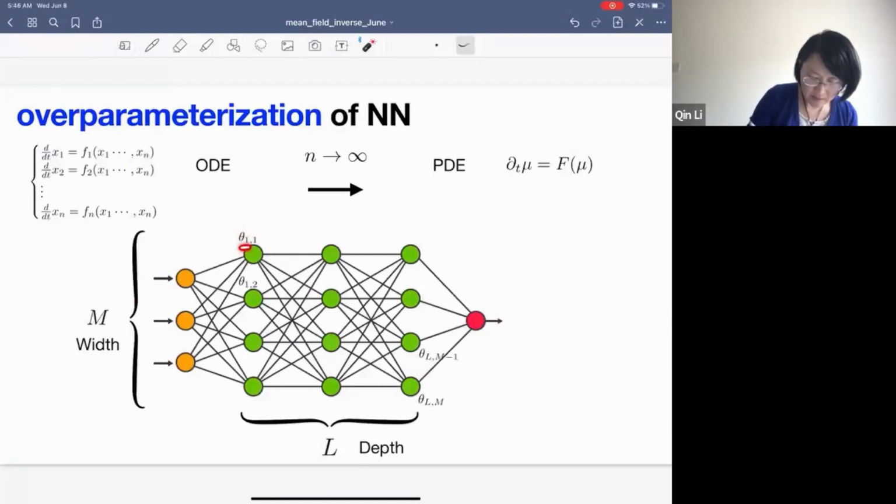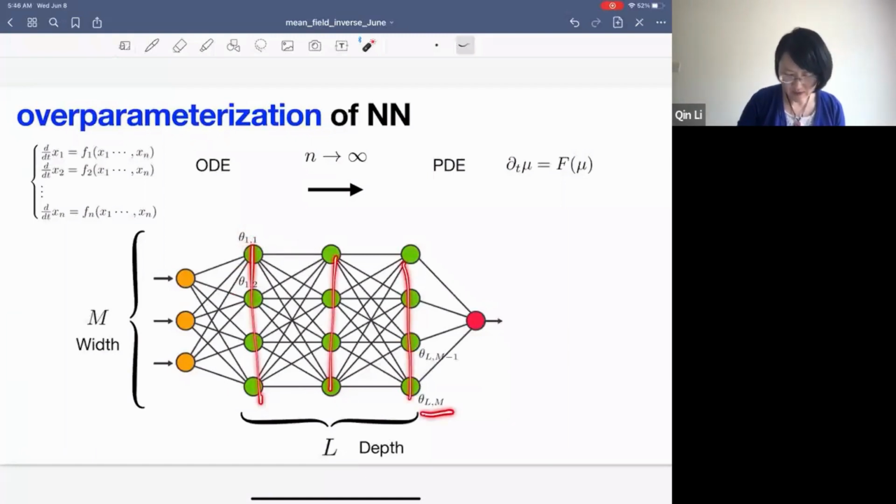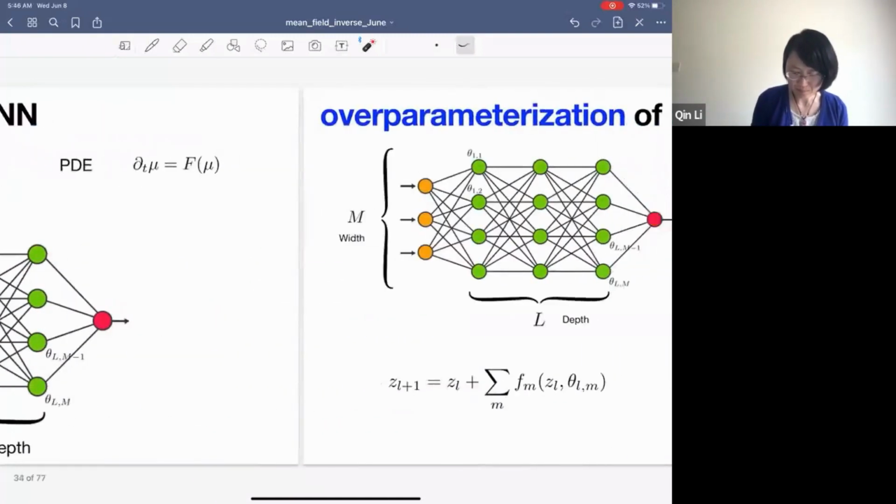The first subindex tells you which layer you are at, so this is layer 1 and 1. And the second index tells you which neuron for this layer. So it's theta 1 at 1, theta 1 at 2, etc. So the number of neurons is basically L times M, those many.